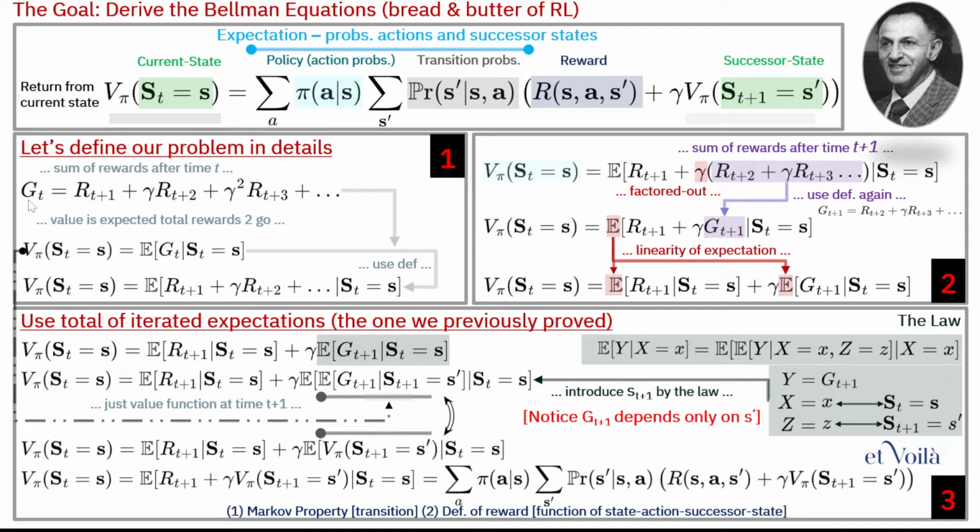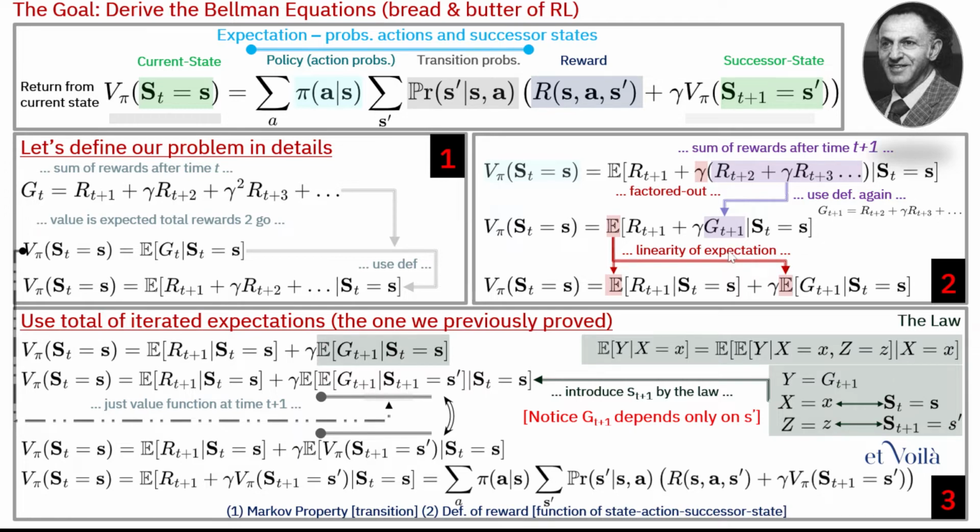Therefore, instead of this summation, I'm just going to write G_{t+1} here. So I'm going to have the expectation of R_{t+1}, which didn't change, plus gamma, and instead of this I just use the definition of the random variable, which is G_{t+1}. Of course, all conditioned on S_t equals s.